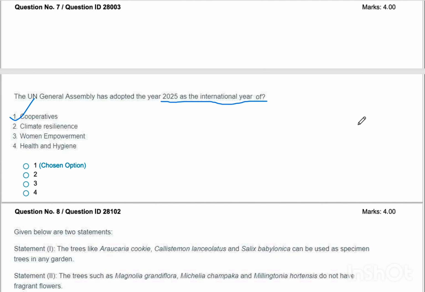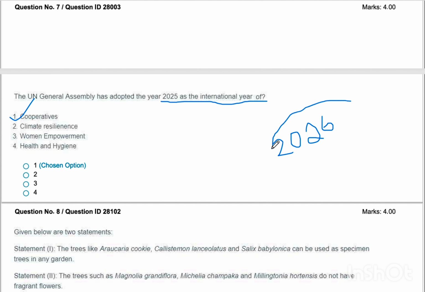I think yes, it was a year of camelids. And 2025 is a year of cooperatives. The UN General Assembly proclaims international years every year to focus the global attention on critical issues. And 2025 was designated as a year for cooperatives and glacier preservation.